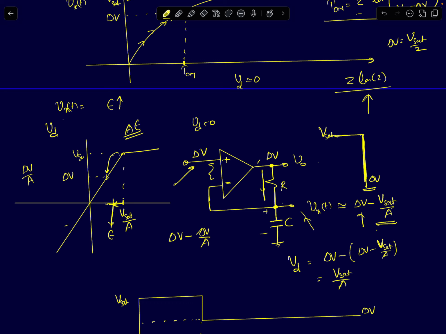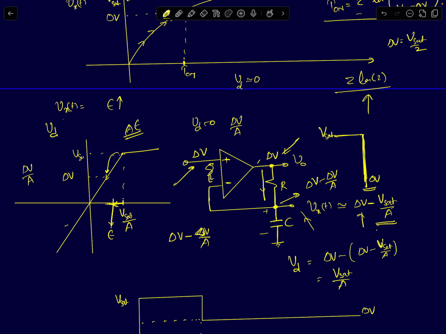At this point, the output voltage will come to delta V, and the voltage across the capacitor is now equal to delta V minus delta V by A. So the differential input to the op-amp is delta V by A. Multiplied by A, you get the output voltage of delta V volts.